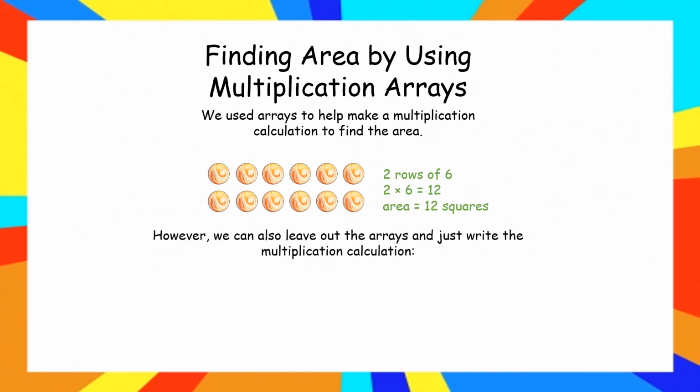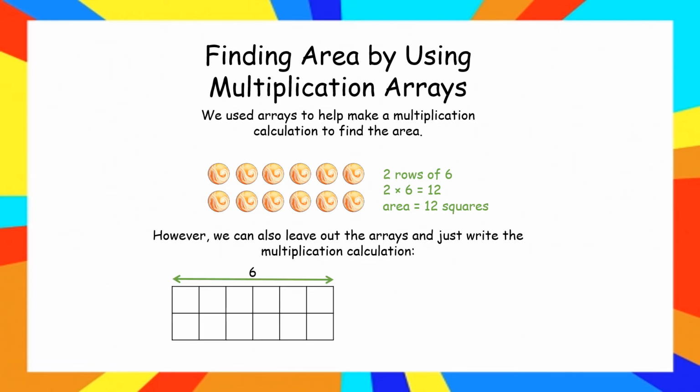However, we can also leave out the arrays and just write the multiplication calculation here. Once you count the number of squares, 6, and then the number of the sides, that is 2, you can just leave out the arrays and write the multiplication sentence as 2 times 6, and that is 12.